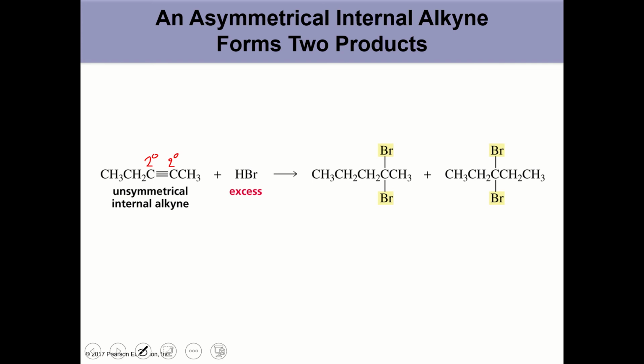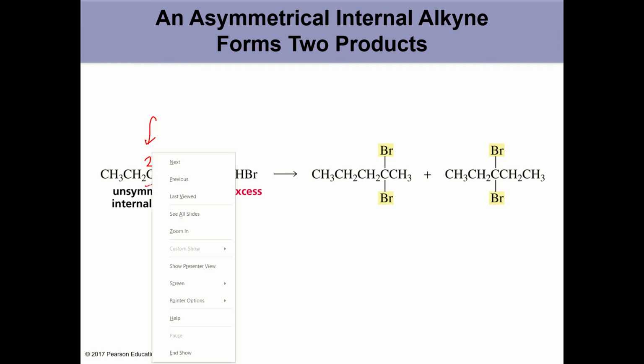This unsymmetric alkyne will produce a product that adds to both carbon 1, 2, 3.